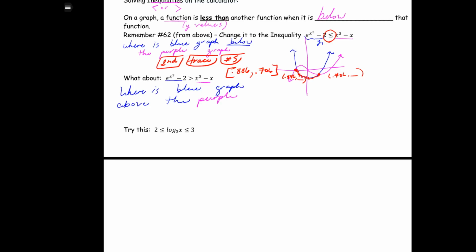And if I think about this sketch again, now it's going to be everywhere here, and actually, you want to think about which one has a greater y value.